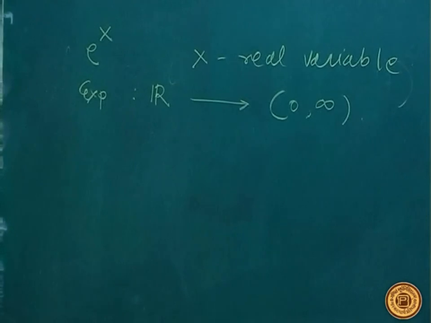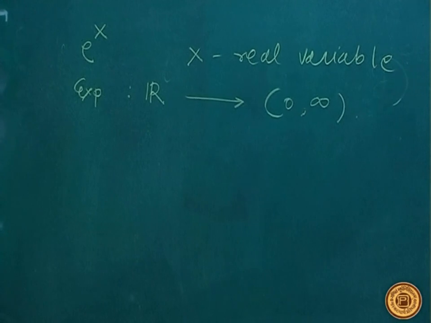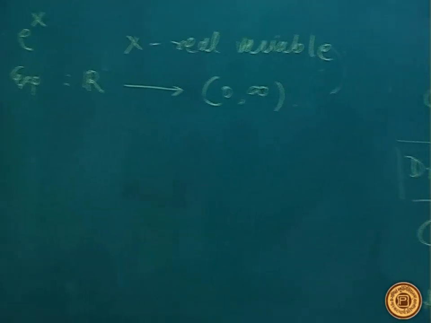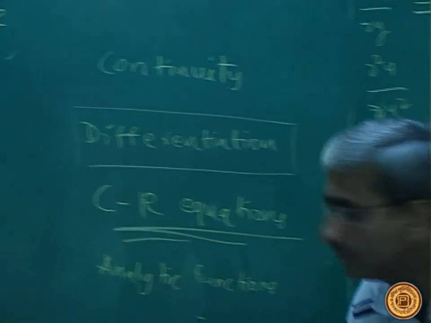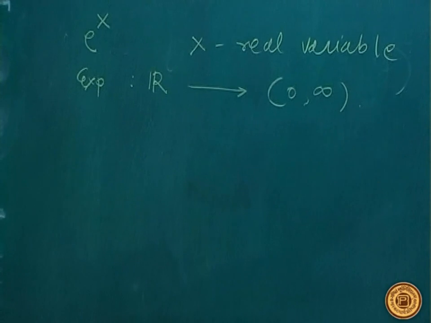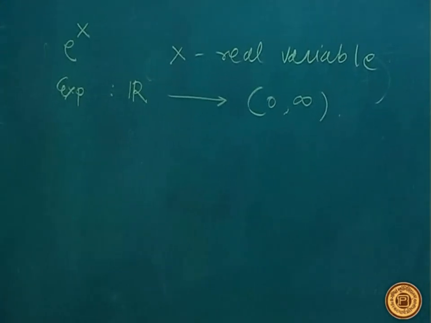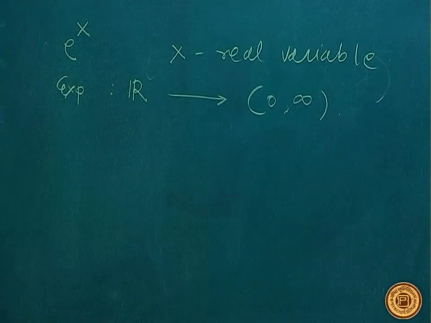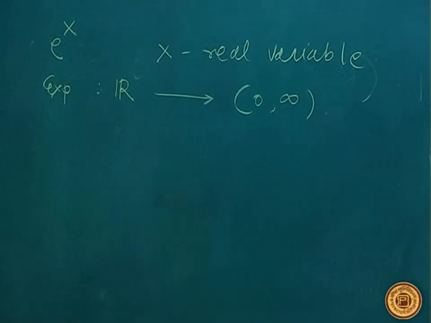So this is R to (0, infinity). You just look at the notes that are in front of you, and this property that you see on the board is also written in the notes, that it is always positive at every real number x.